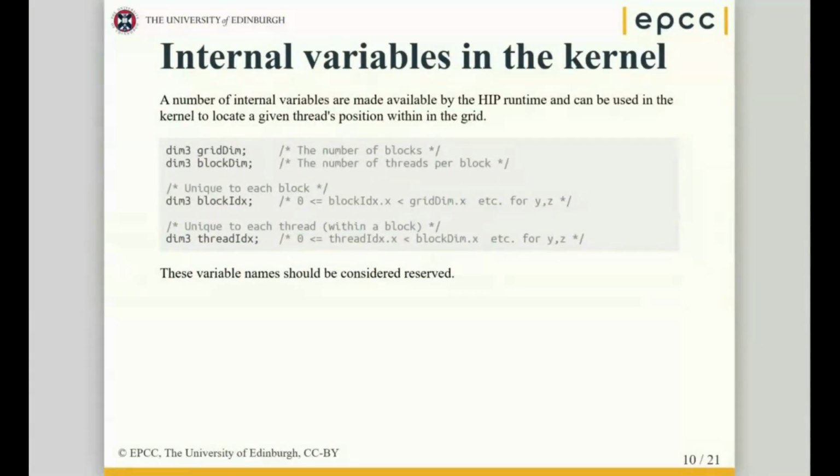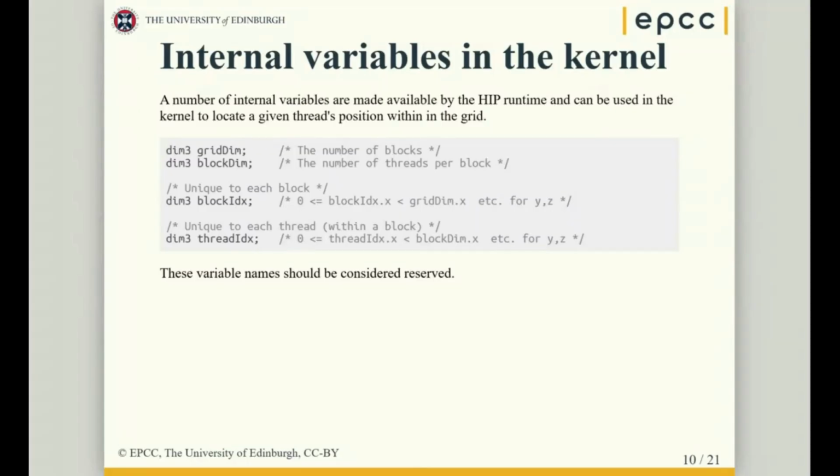So we have already seen that the grid dimension will be the number of blocks, block dimension will be the number of threads per block, and I define here the block index and the thread index. The block index is unique for each block, and the thread index is unique to each thread.